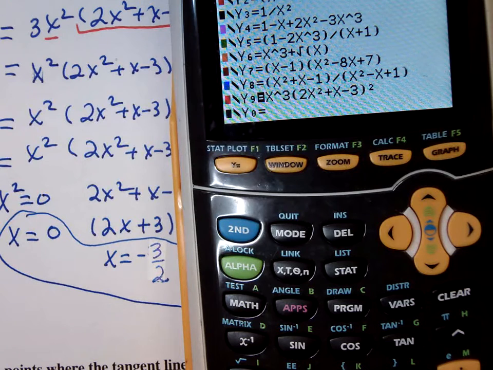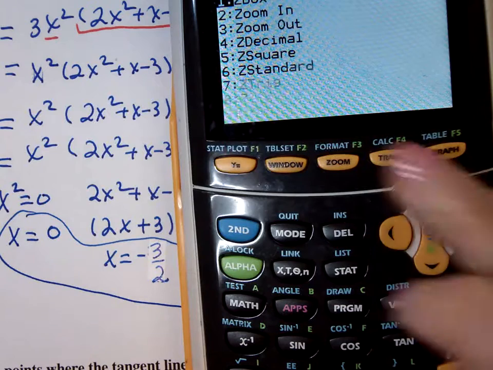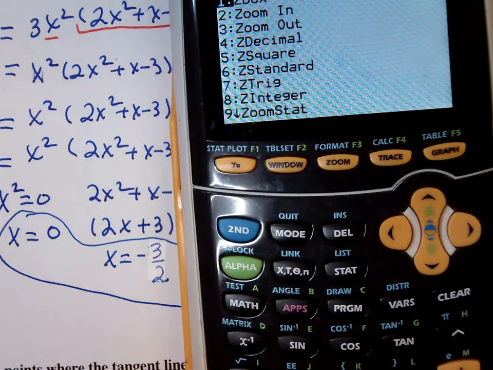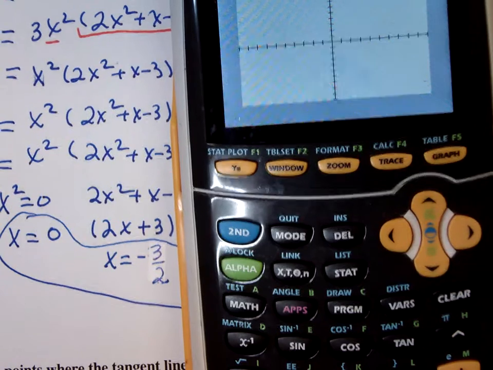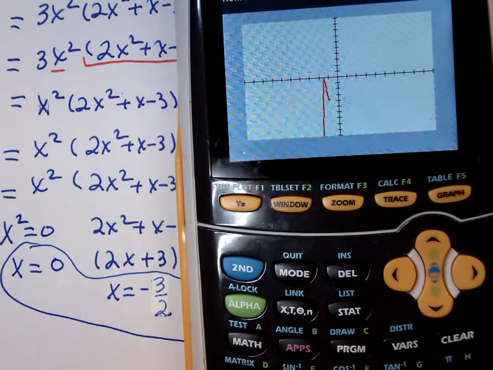Now I notice that my x values are all between minus 10 and 10. So I can do just a zoom standard, a zoom 6. Now the window on zoom standard goes between -10 and 10.